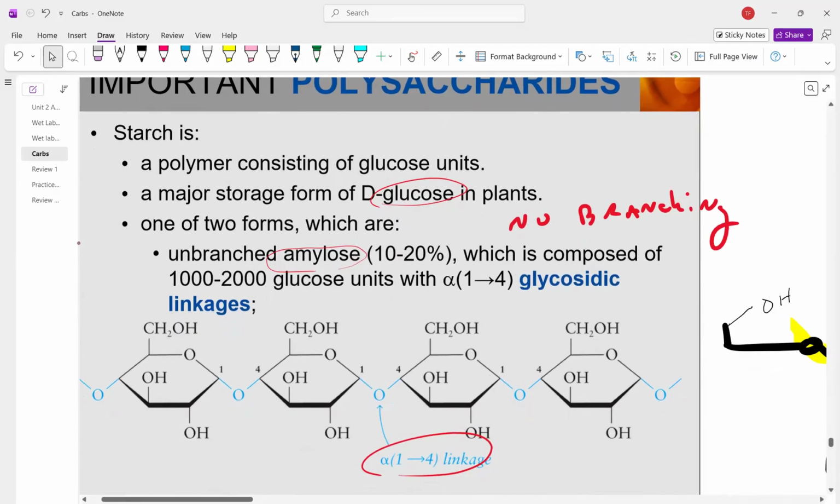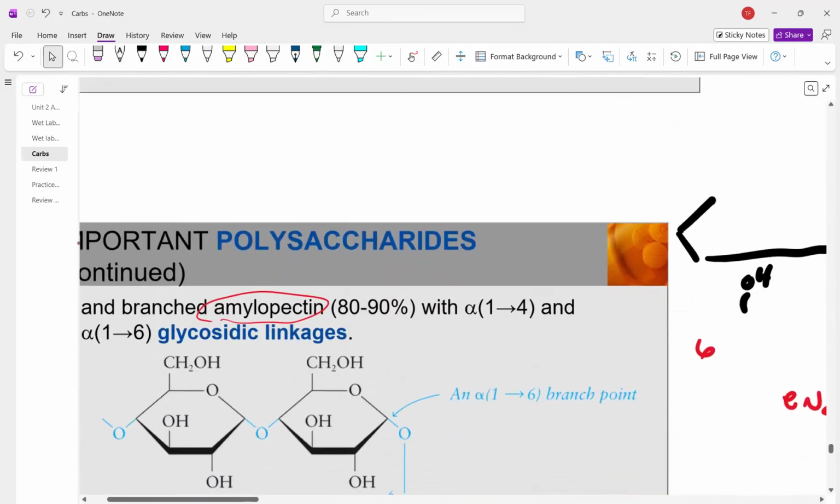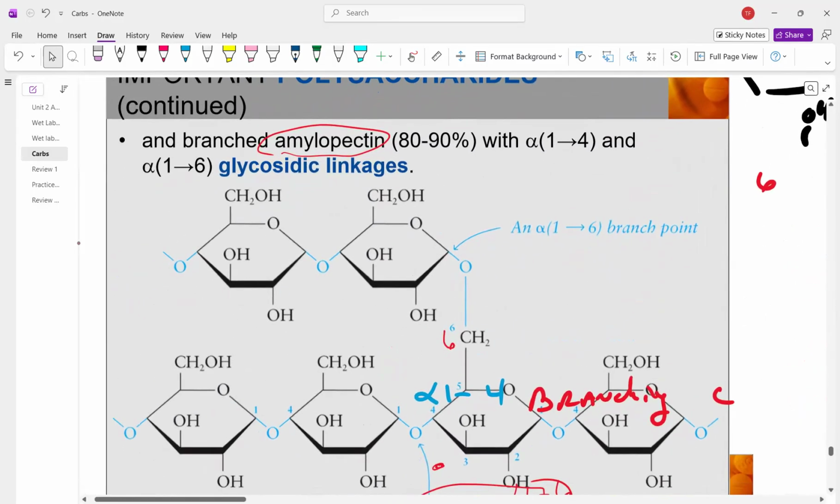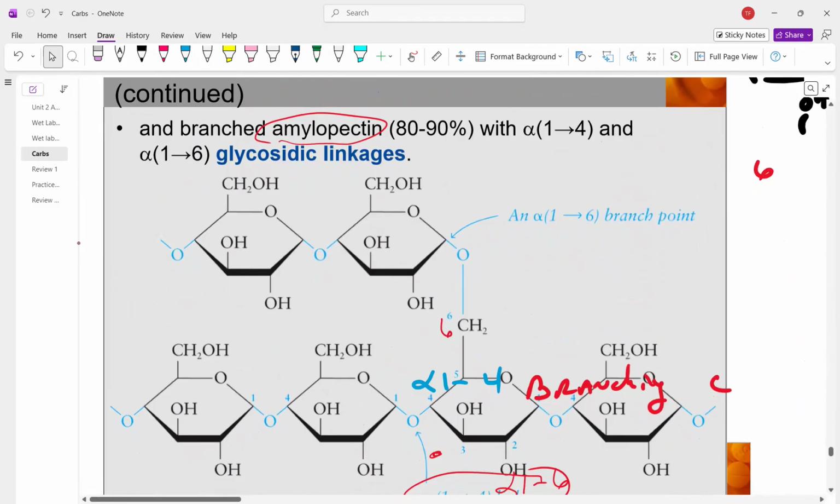Now, there's another form of starch that's branched. Now, starch, amylose, is not branched. Amylopectin is branched. And it's branched at carbon number 6. So it would be an alpha 1,6 linkage.